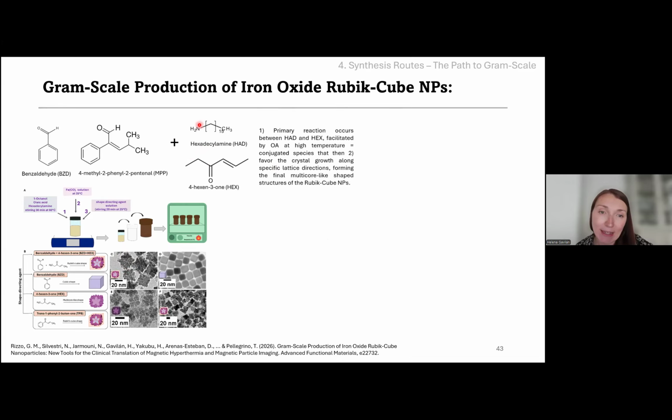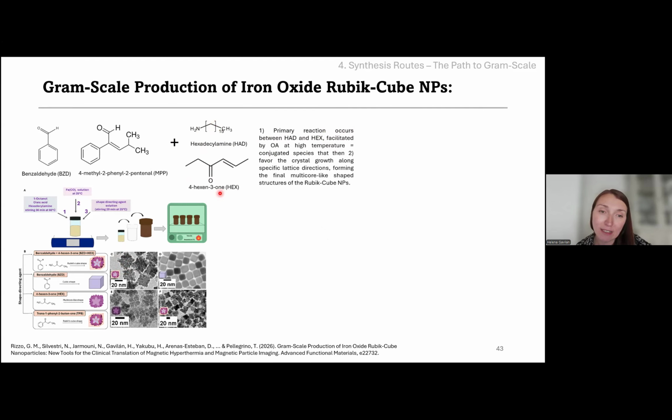So this happens because the ketone reacts with the fatty amine, okay? There's a primary reaction occurring that is facilitated with the oleic acid, so by the surfactant, at high temperature, okay?